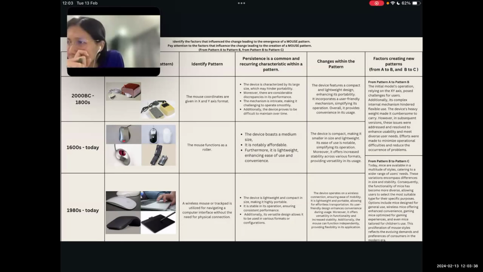The function created from pattern A to pattern B. Okay, we know pattern A is so hard to use, right?